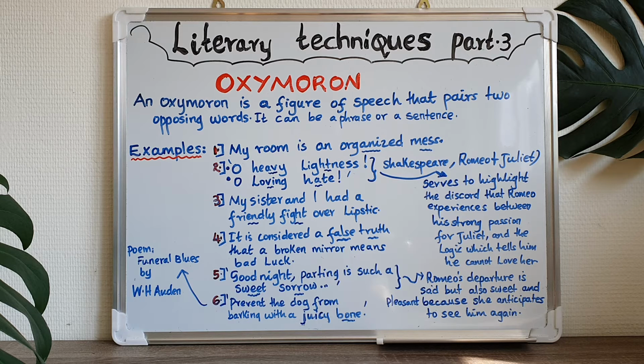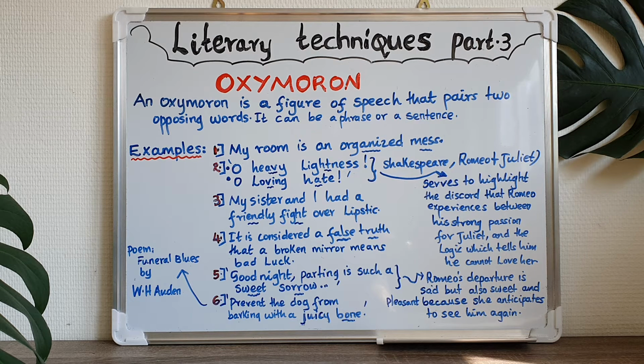However, when the person describes their room as being an organized mess, it means that yes, it's chaotic, but at the same time, it's organized, which means that he or she can find everything they're looking for in that messy or chaotic room. So there is some kind of organization in that mess.